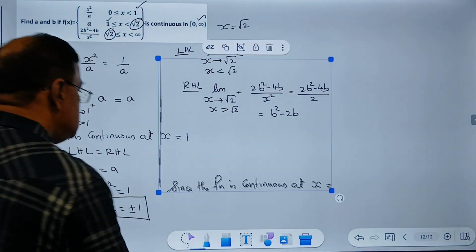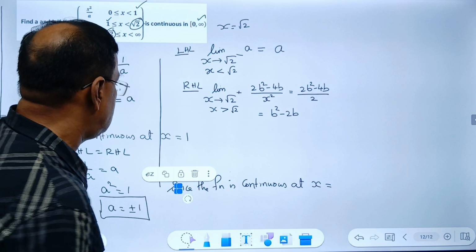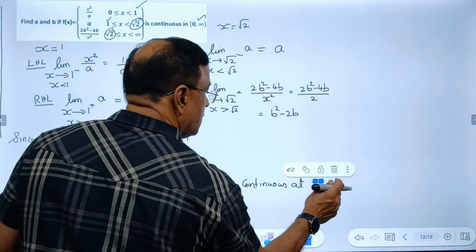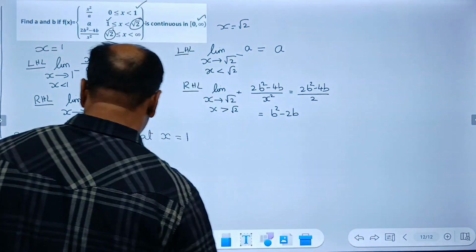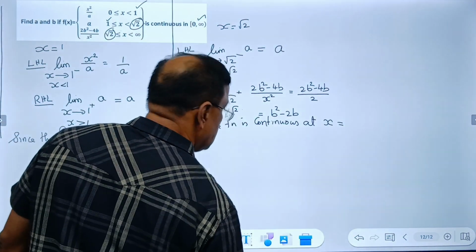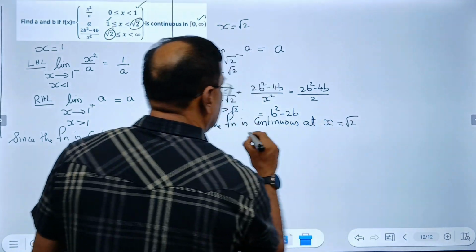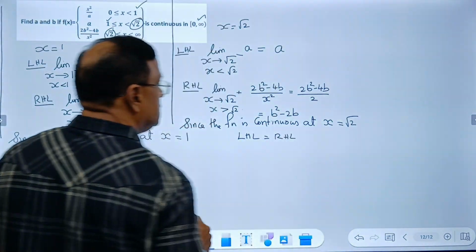Now what do you do? Since the function is continuous at root 2, LHL equal to RHL. Now what is LHL?